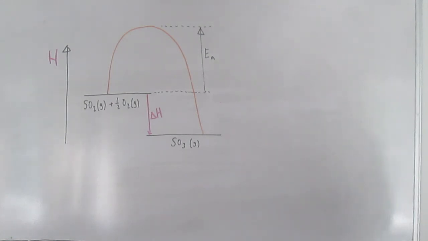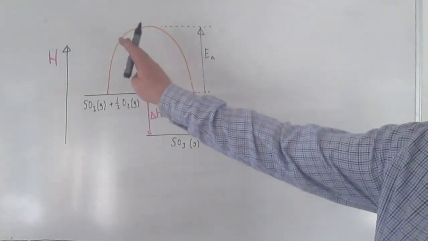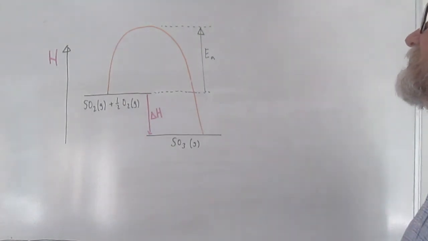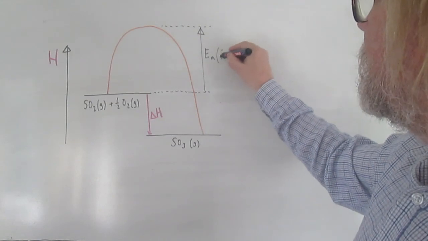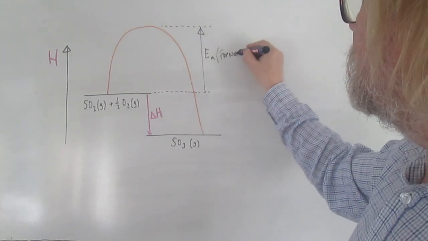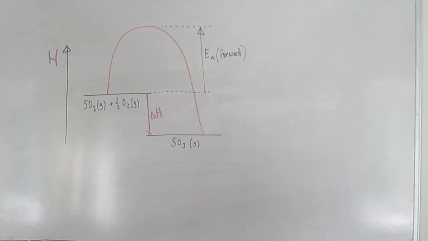a reaction to happen. Now, in the case of a reversible reaction, of course, you have to think about, well, what happens when you're going back this way? And so this then, instead of just being the activation energy, is specifically the activation energy for the forward reaction. Now, what about the back reaction?